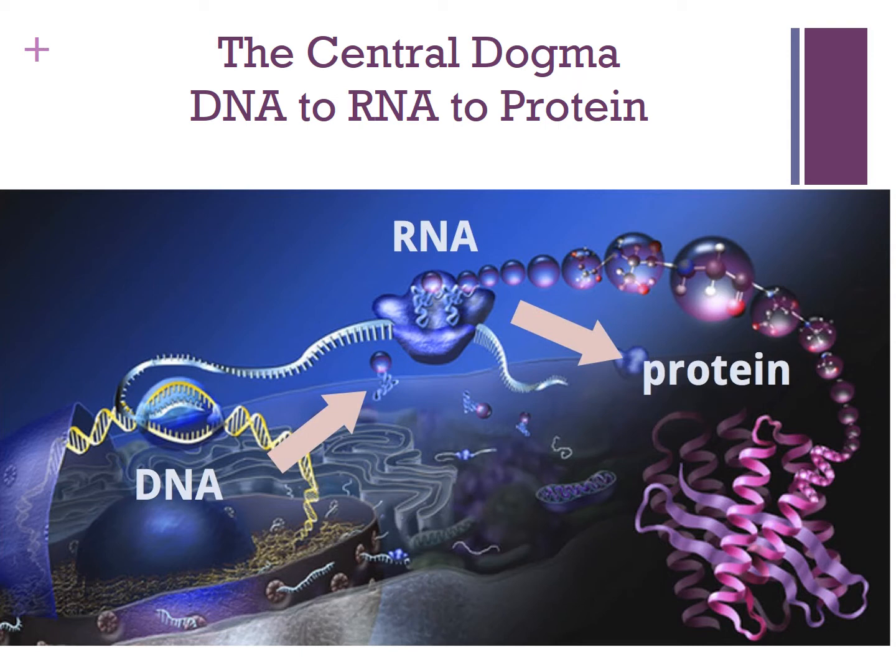The central dogma simply says that we take the DNA's message, we transcribe it to RNA, and we translate it into protein. It's really simple. So we go from DNA to RNA to protein. Make sure you have that written down because I am going to ask you about it.